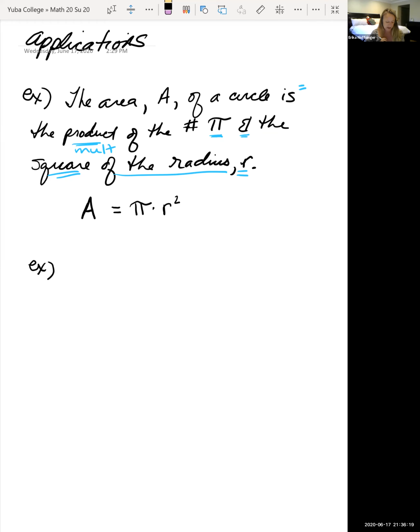Okay, so here is where students tend to get mixed up. So could you write the following?